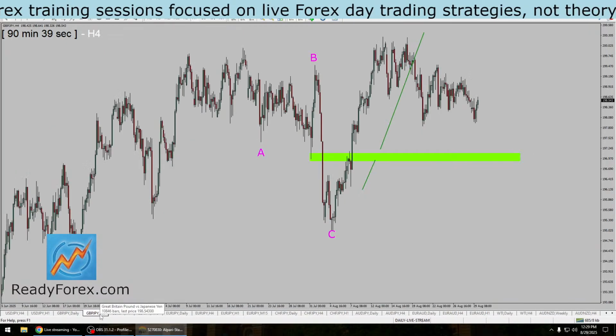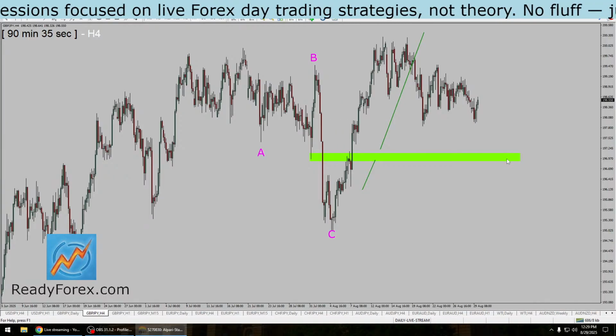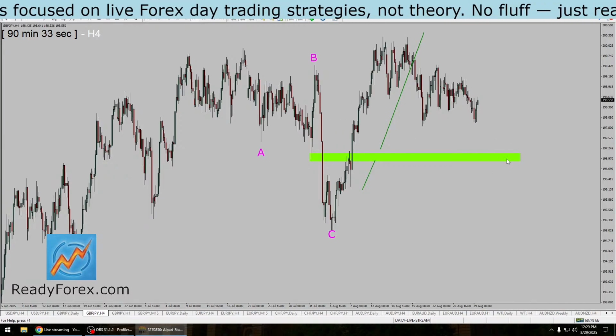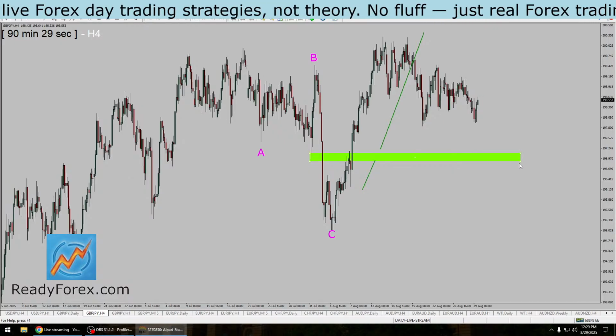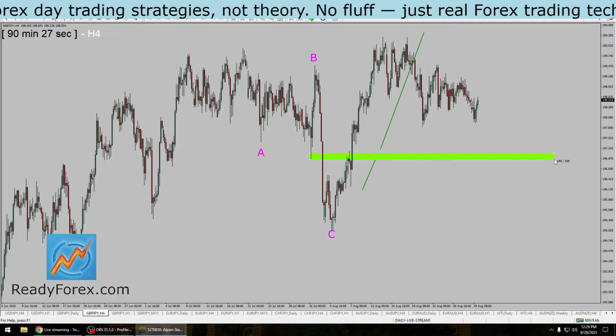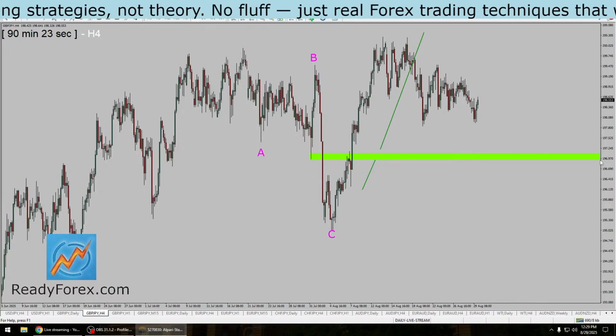This is the GBPJPY 4-hour time frame. This is the support area. As long as price action is staying above this green highlighted area, to me it's still an uptrend inside GBP versus Japanese yen.